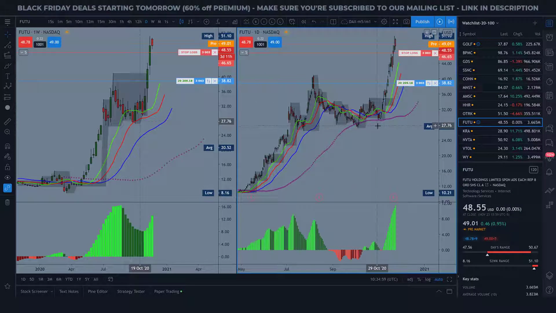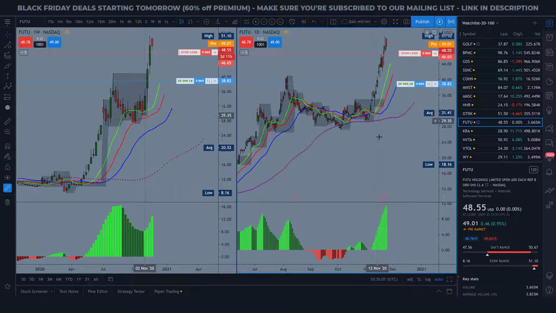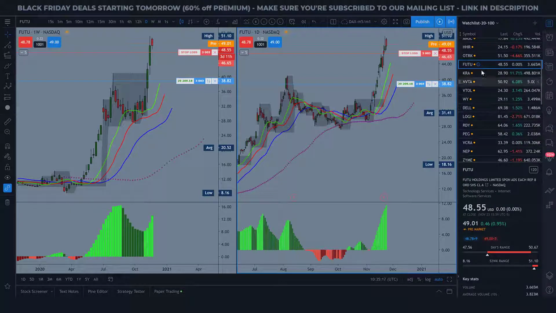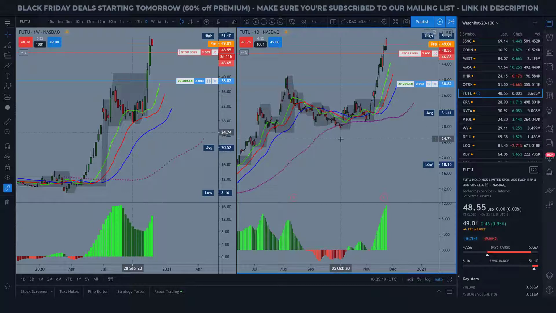This is a pretty setup that I'm still holding. This is one of those, the one that I have on my live account. This and Tesla and golf, and that's 100%.